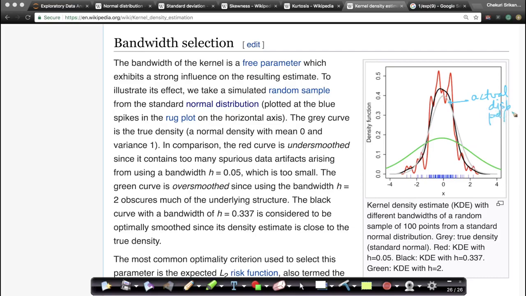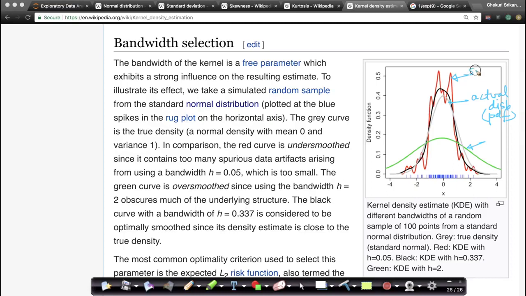If I choose kernels which are very wide, my PDF will look like my green line. If I choose kernels which are very narrow, I'll get a line like my red line, which is very jagged, just like our histogram when we had a lot of bins.